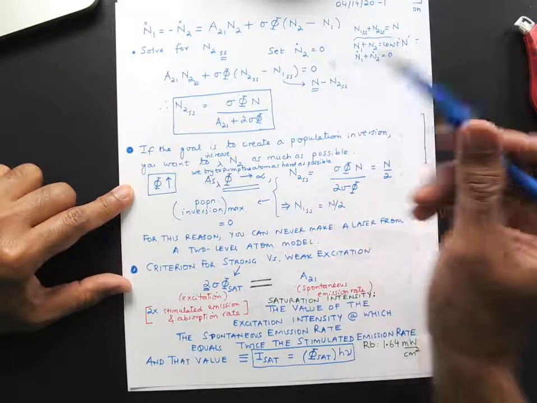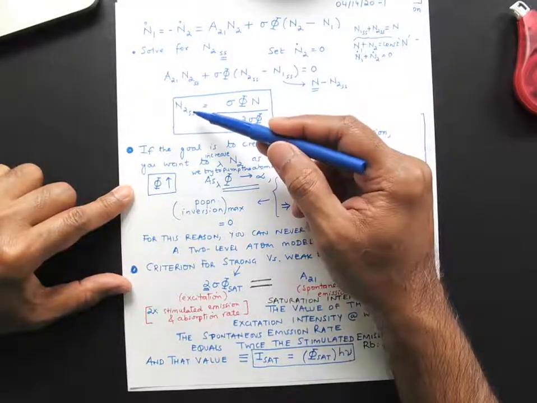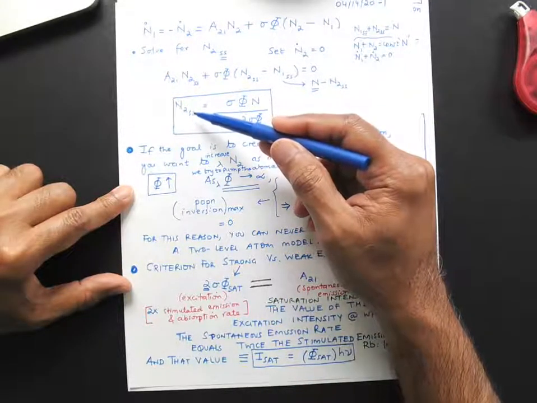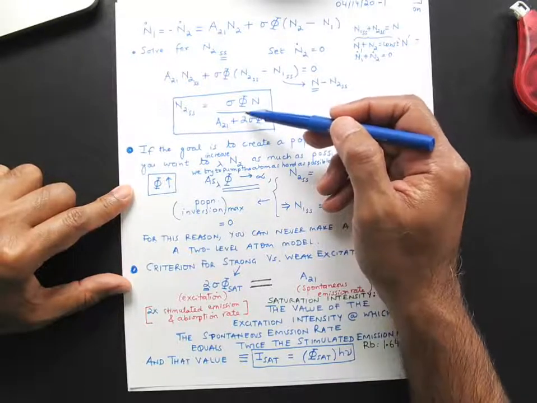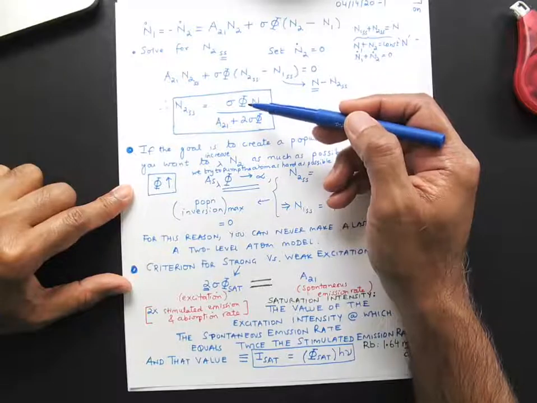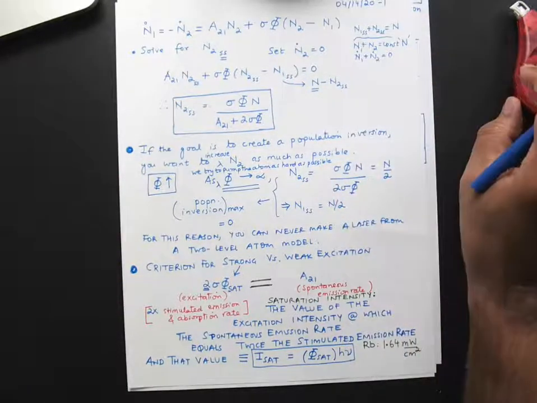So at the saturation intensity, the steady state populations are distributed as 1/4 in the excited state and 3/4 in the ground state. But that's just a detail.